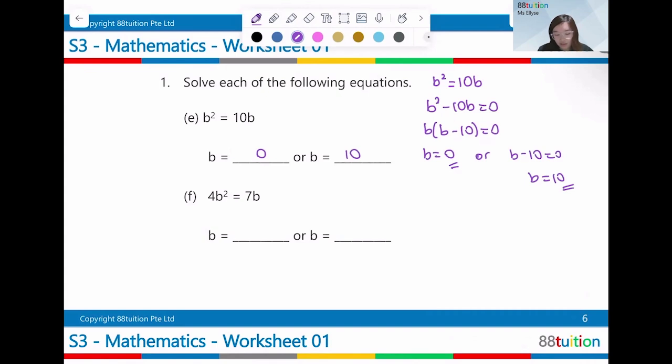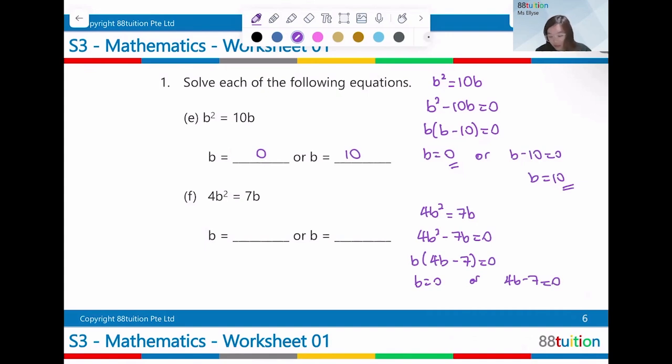Then eventually this part F, same thing. We just bring the 7b over to the other side. Eventually just take out the common term, which is b, and what is left inside will be 4b minus 7. So you have b equals 0 or 4b minus 7 equals 0.